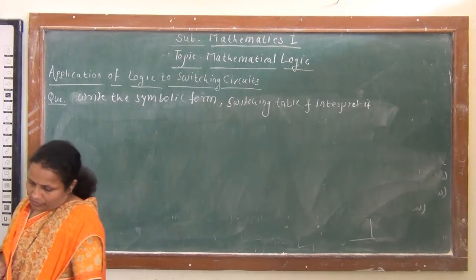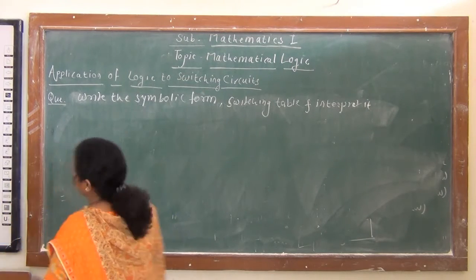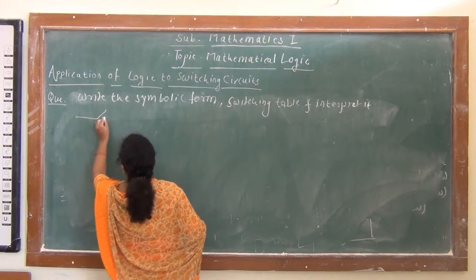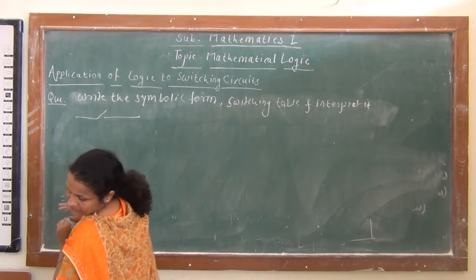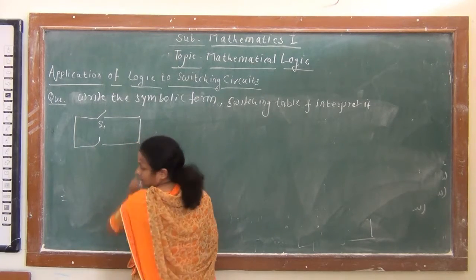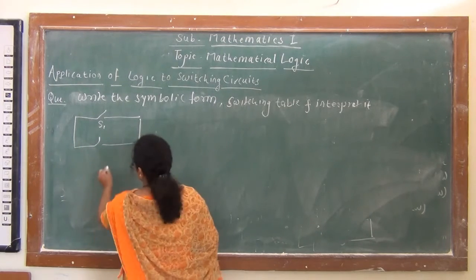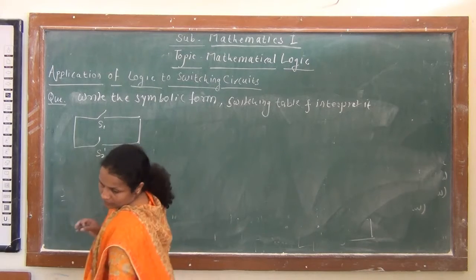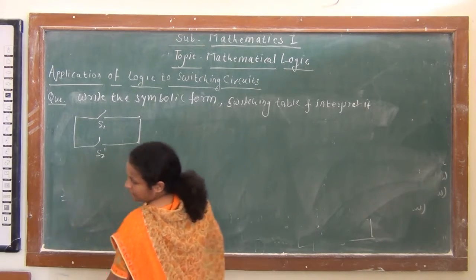So first we draw the circuit, that is S1, then S2 dash, then S1 dash, S2.